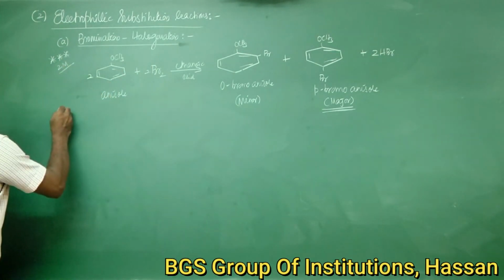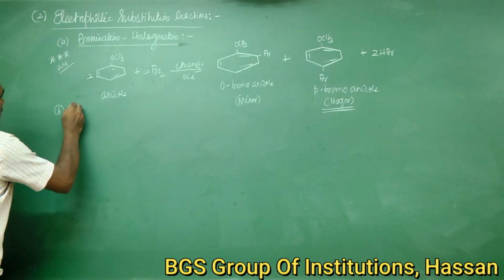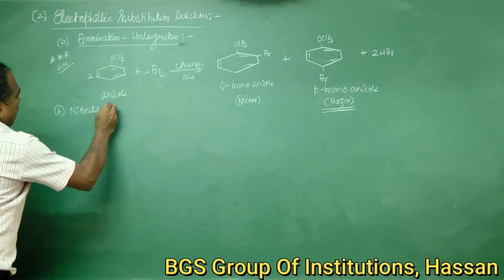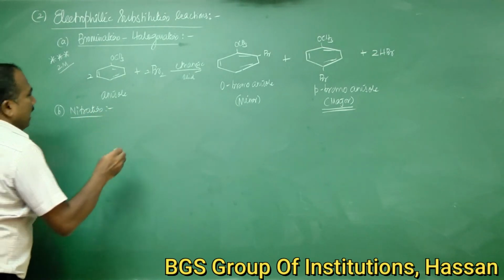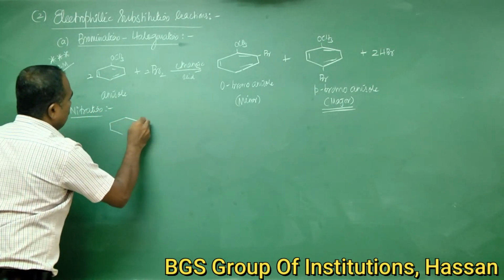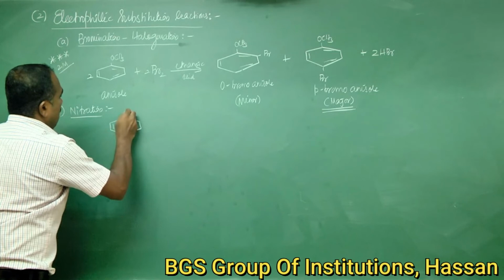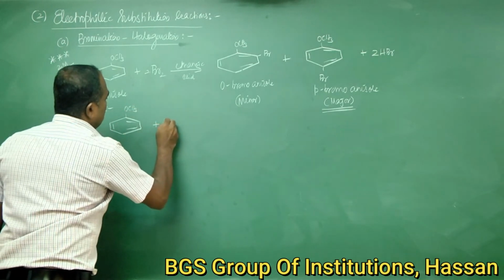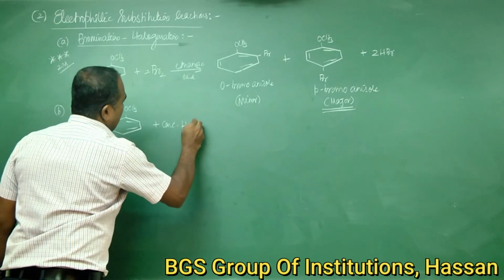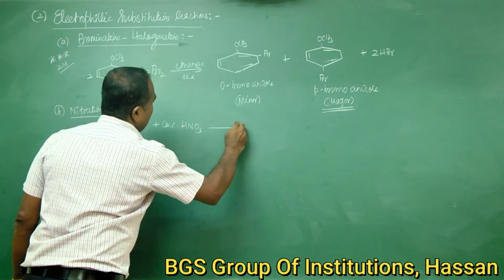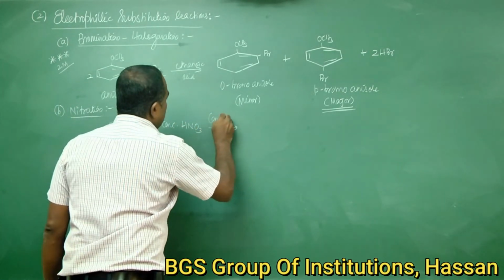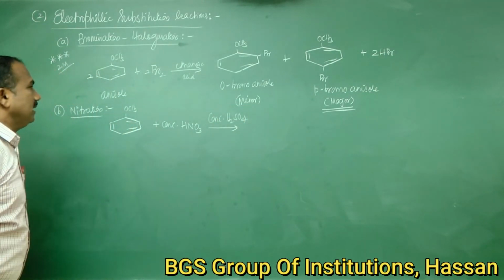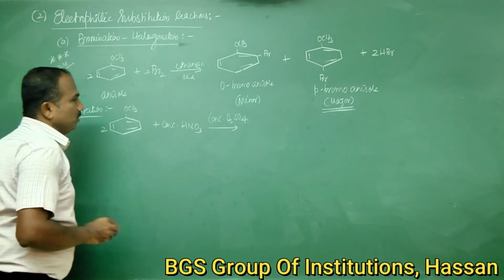Okay. Second reaction is nitration. Anisole reacts with concentrated nitric acid in presence of concentrated sulfuric acid to give disubstitution products.